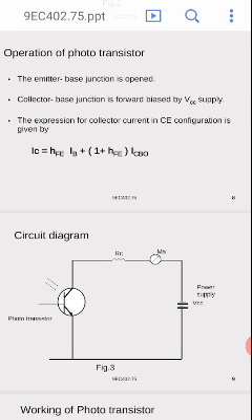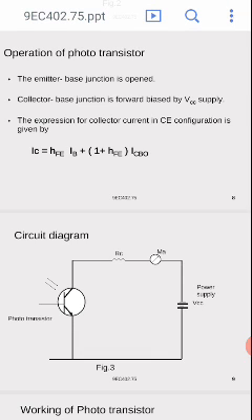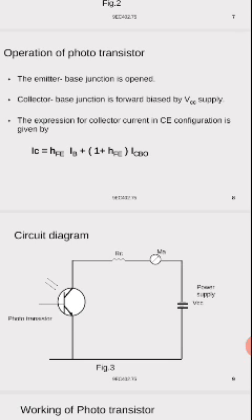Here, emitter is kept open. In general, emitter is not kept open, whereas here in phototransistor operation, emitter is kept open.